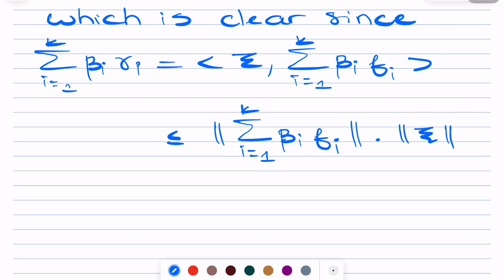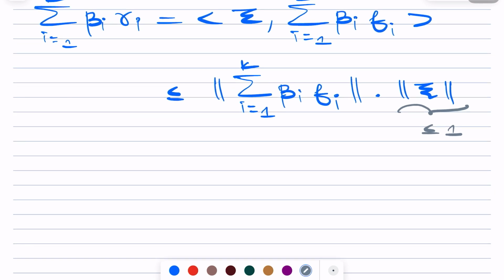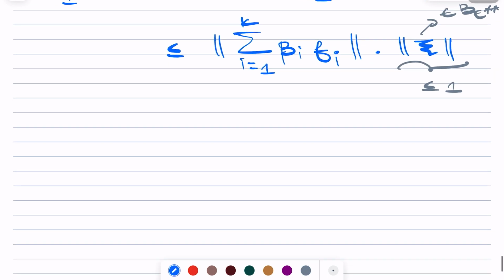But remember, xi was chosen in such a way that its norm is less or equal than 1, because this is an element of B E star star. So this is kind of obvious. So we are done with the Goldstine Lemma.